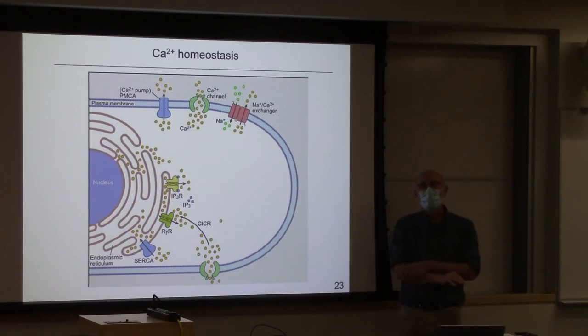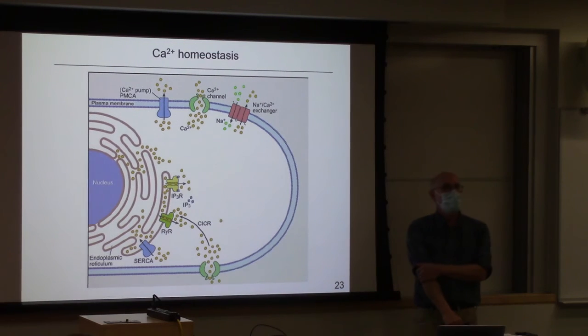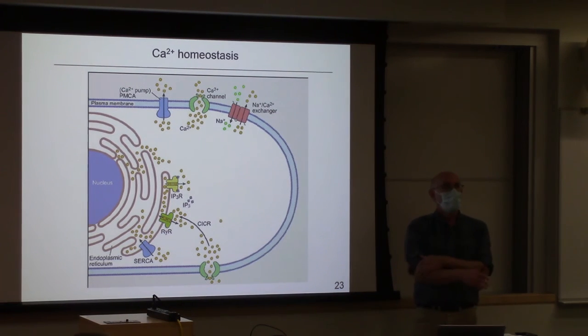Before we go into working on problems, where in this cartoon is calcium concentration low? Cytoplasm. Does anyone remember, maybe from reading, how low is low in this case? About 0.1 micromolar in a resting cell.